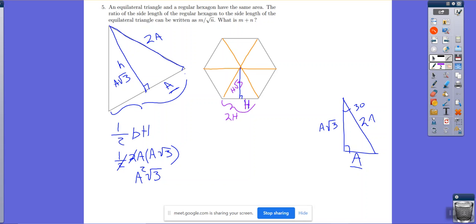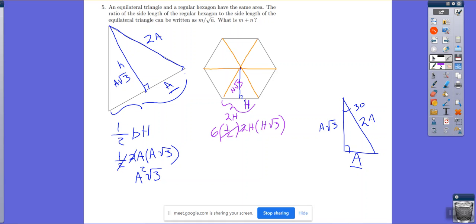Have I lost anybody so far? No. Good. All right, so the area of the hexagon is going to be, well, we have 6 of these triangles, and the area of a triangle is 1/2 times the base, which is 2H, times the height, which is H times the square root of 3. So let's simplify this a little bit. 1/2 times 2 again is 1.